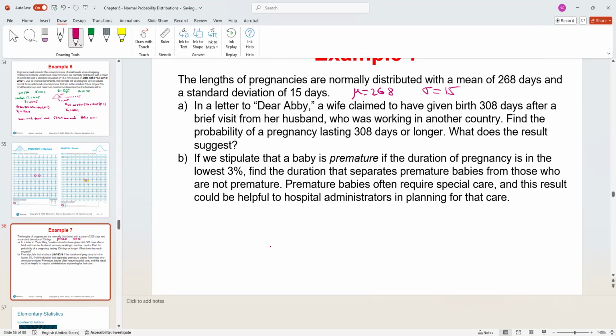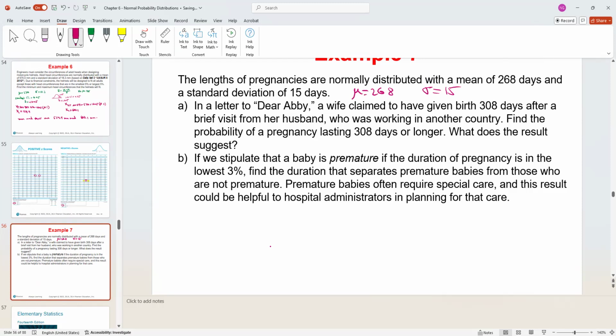In a letter to Dear Abby, a wife claimed to have a birth 308 days after a brief visit from her husband who was working in another country. Find the probability of a pregnancy lasting 300 days or longer.